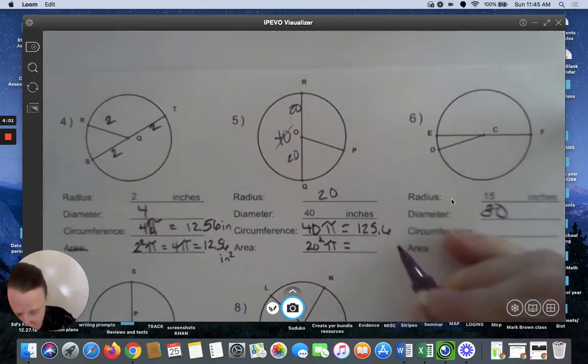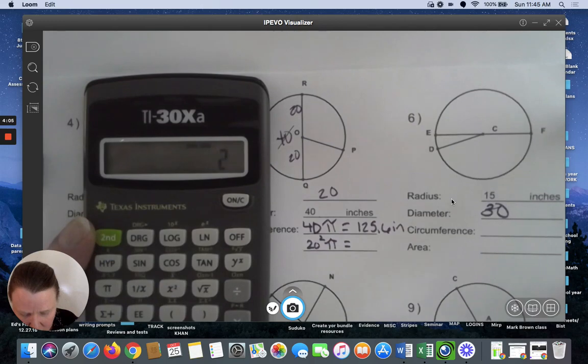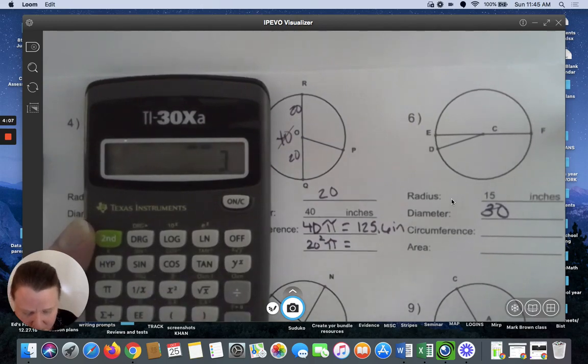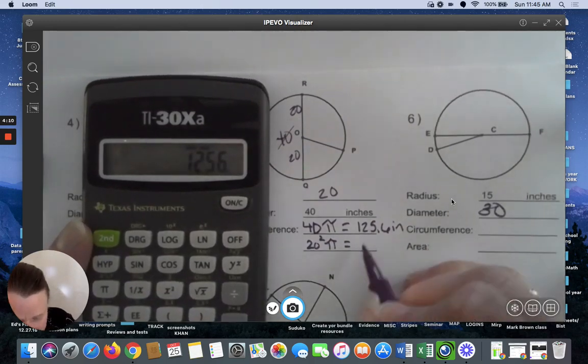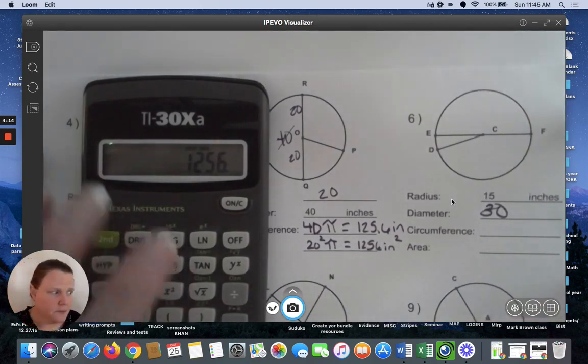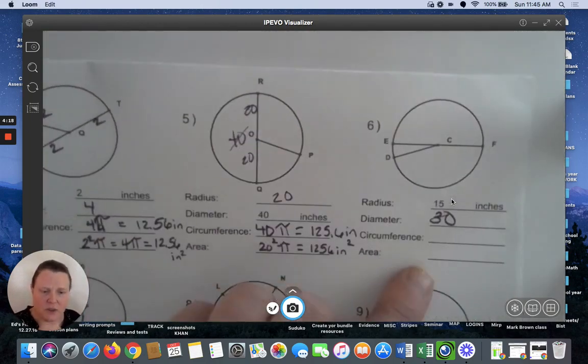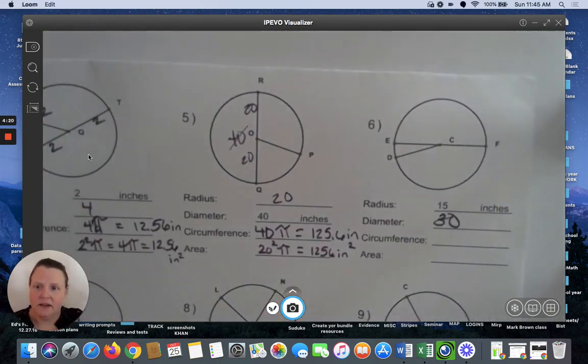And again, that is inches. And then this would be 20 squared, which we know is 400, and we would take that times 3.14. All that's happened is my decimal has moved over, so it is now inches to the second power. Then we're going to pause the movie for just a moment, and you're going to try this last one just so that you have an idea.